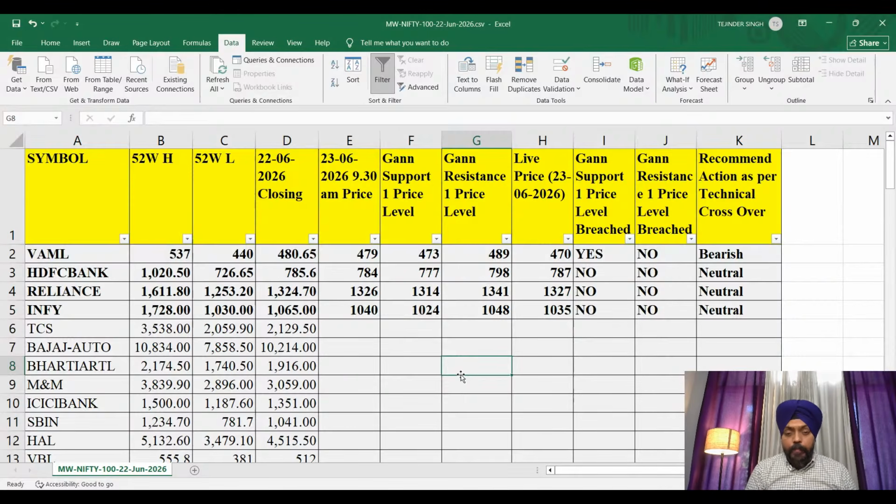Obviously, it is on intraday, but you can also use it for your short-term investment decisions. Now, what do you have to watch out for? I can track that Infy is drifting down towards its support one. So this is the level to watch out for. The moment it breaches 1024, there may be more selling pressure and you may sell it.